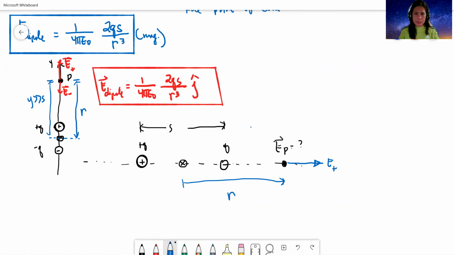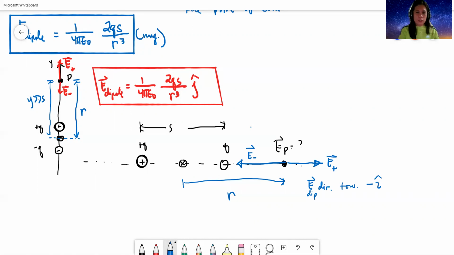This is E plus. And the negative charge now is closer to the point of evaluation. So siya ngayon ang mas malakas. So we'll draw here a longer arrow for E negative so that you know that the electric field direction of the dipole is obviously towards negative I hat. And then the magnitude is 1 over 4 pi, 2QS over R cubed.